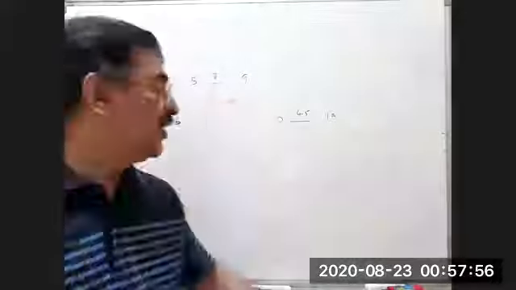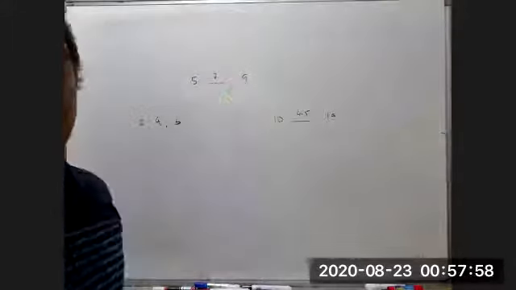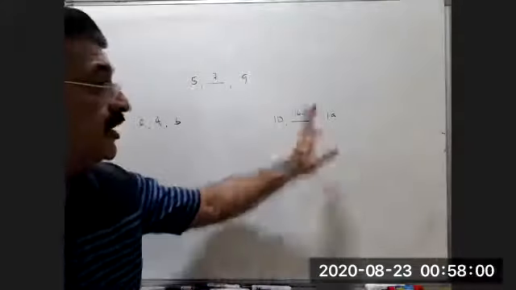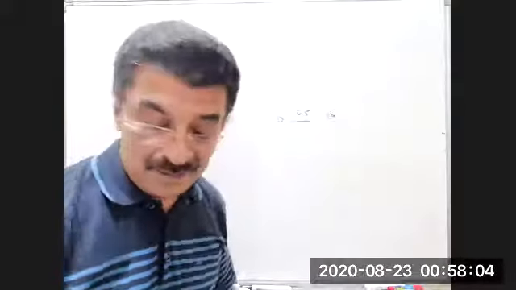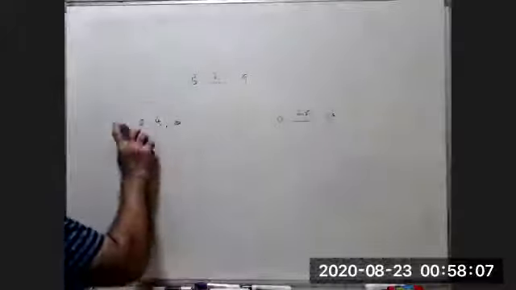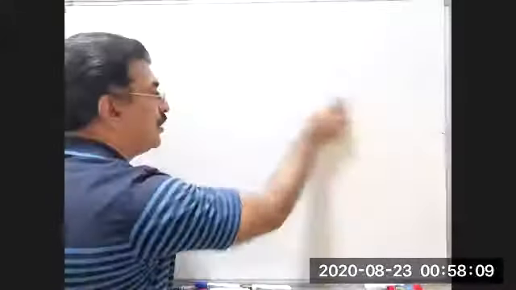That is the average. 5 plus 9 by 2, 10 plus 19 by 2. That's the average. That is the mean. So this is the arithmetic mean between two numbers. Similarly, between two numbers, we can insert two numbers also.